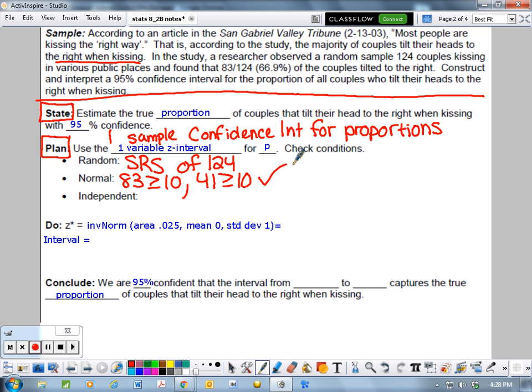So we are approximately normal. We have a simple random sample. Independent: reasonable to assume more than 1,240 couples.